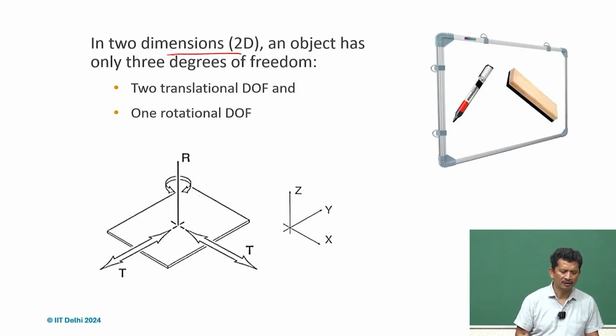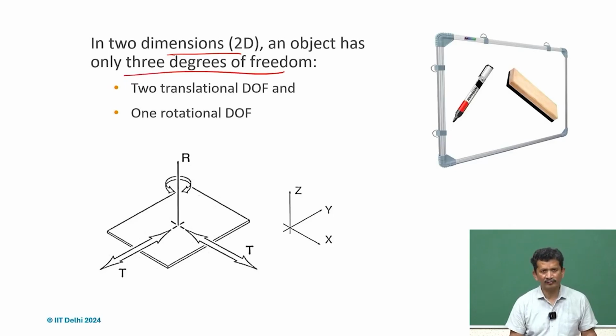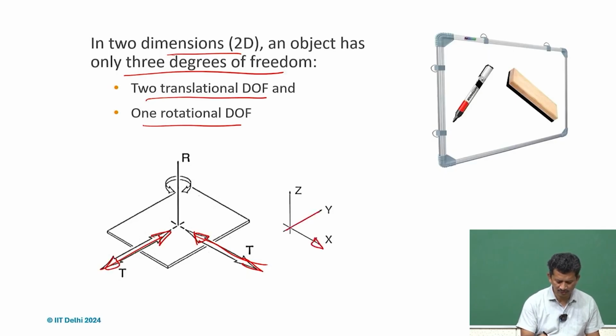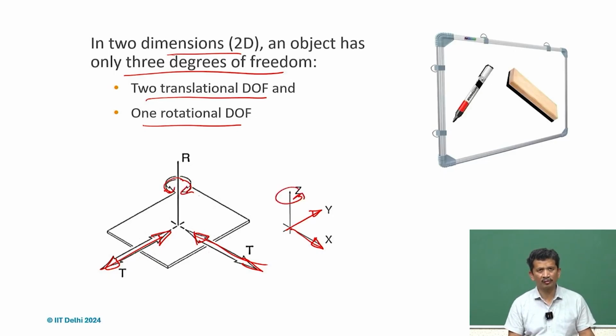For instance, if it is 2D, then the object will have 3 degrees of freedom, 2 translations and 1 rotation. Here again we are talking about the translations along x and y axis in the plane, and the rotation along the z axis, perpendicular to the plane.